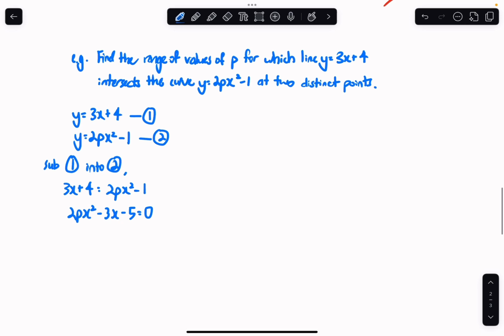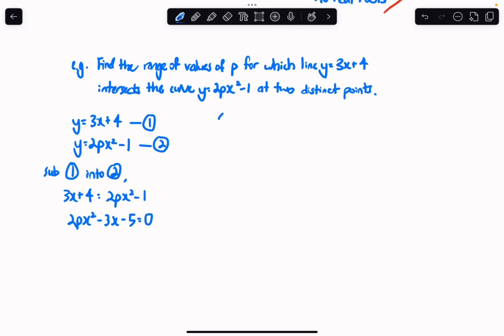Okay, so now that we know, since they intersect at two distinct points, b squared minus 4ac is more than 0.